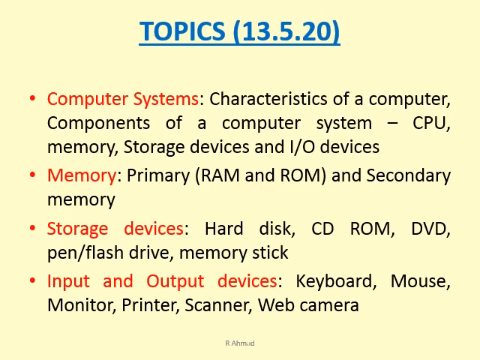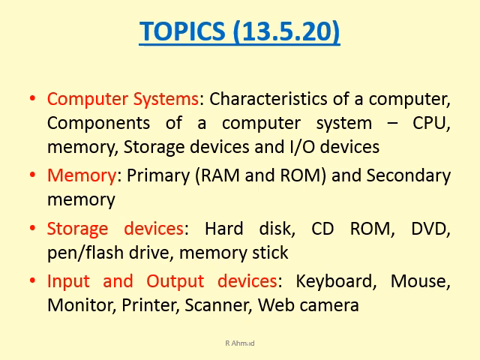In this class I am going to discuss 4 topics of Basics of Information Technology. The topics are under the subheadings of computer systems, memory, storage devices, and input and output devices.